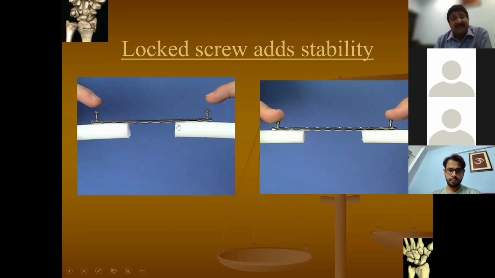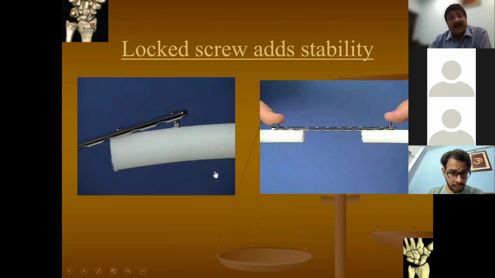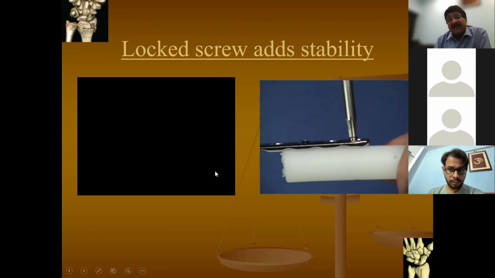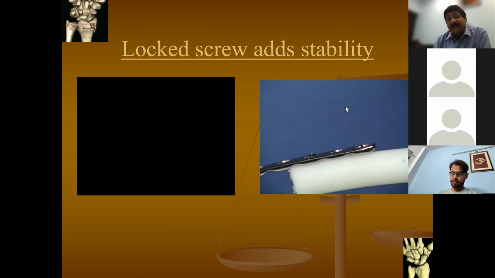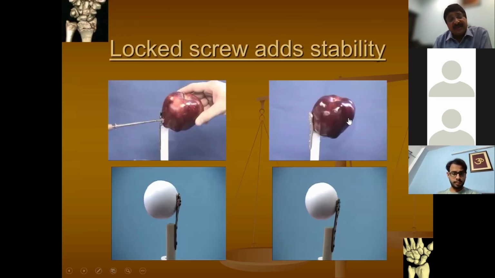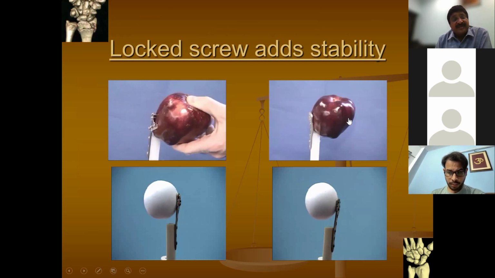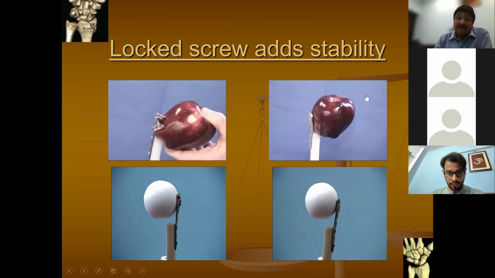These are videos borrowed from Synthes. This is a spongy bone, mimicking osteoporotic bone. You can see when you are stressing the bone, the non-locking implant fails. But if it is locked properly, then it can take care of more and more stresses. Same thing here, the apple represents osteoporotic bone. Whenever there are stresses, the implant tends to loosen out, back out, and eventually it fails.